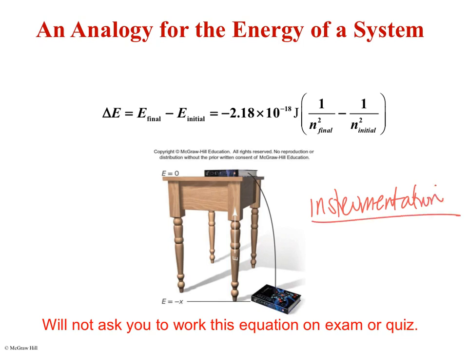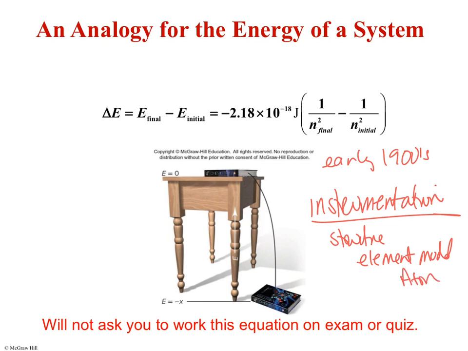This is instrumentation. These are the principles that came out from Einstein in the early 1900s. So not only did this tell us the structure of the element, the model of the atom, it also gave us the atomic energy, which is E equals mc squared, which came up with the nuclear bomb.